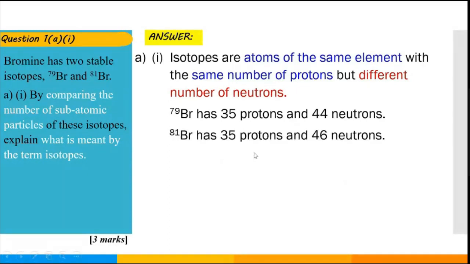And bromine 81 has 35 protons and 46 neutrons.